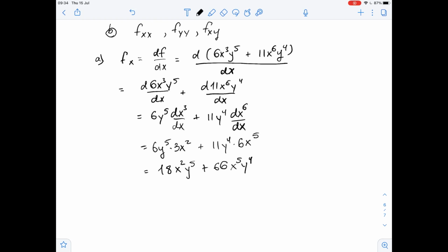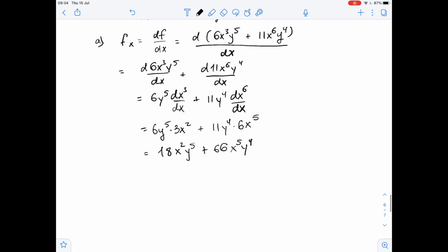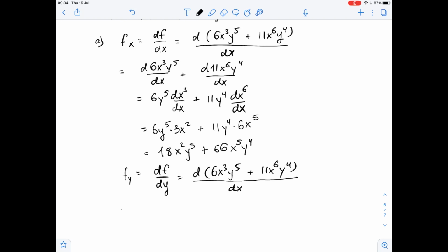Well, now let's find f_y. So this equals df over dy. It equals d of 6x cubed y to the 5th power plus 11x to the 6th power y to the 4th power over dy. Let's simplify it.